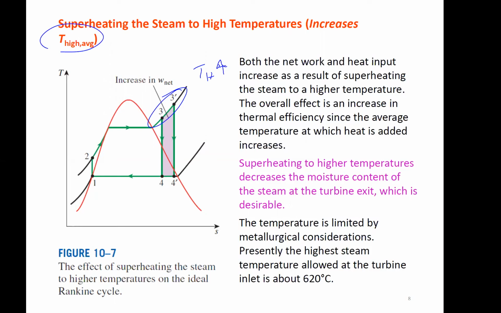Okay, so that'll give us this extra work, and it would also put that 4 prime closer to being a quality of 1. We do have a max that we can go here. Okay, the book has about 620 degrees Celsius as our max from material considerations. Okay, and that first stage, the early stage of the turbine, is going to get hit with all this high temperature.